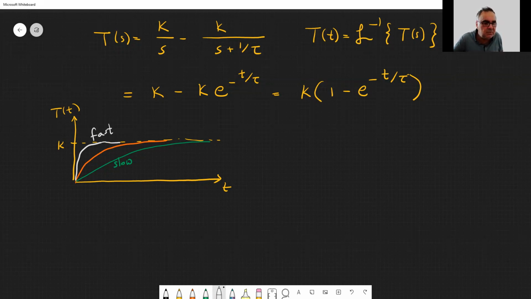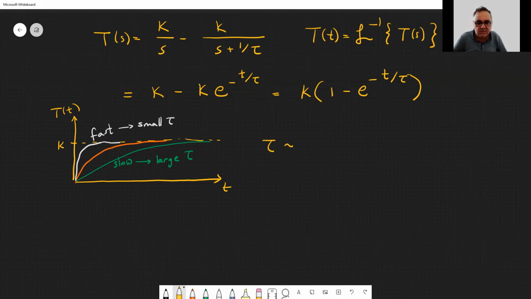And usually, well, not usually, exactly all the time, this means small time constants. Small time constant means a fast system, and a slow system means a large time constant. So the time constant determines the speed of the system.